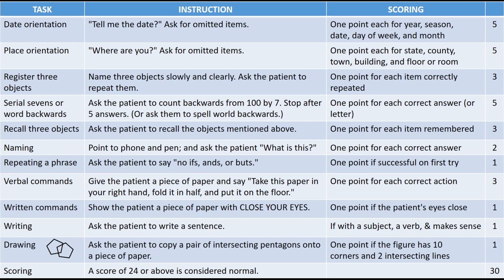In this new frame, you can see the different items included in the mini mental status examination. Again, stop the presentation and familiarize yourself with the instructions and the scoring guidelines. A score of 23 points or below is consistent with Alzheimer's disease.